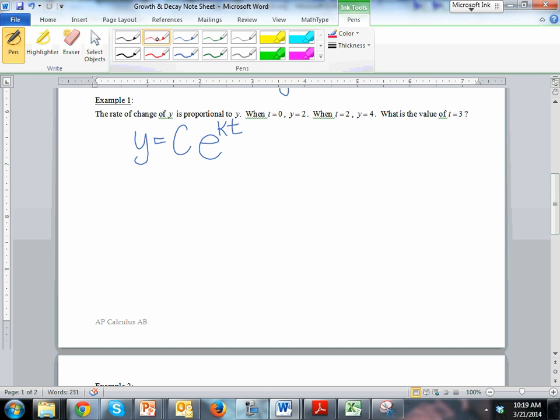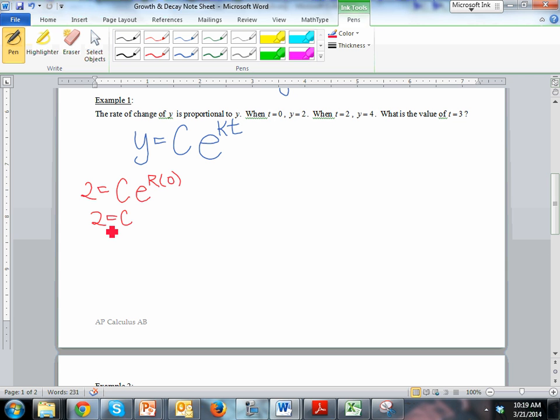So when time is 0, y is 2. So 2 equals c e to the k times 0. Do you think that'll happen every time? Probably. Okay. If you have a time at 0, e to the 0 is always going to be 1.